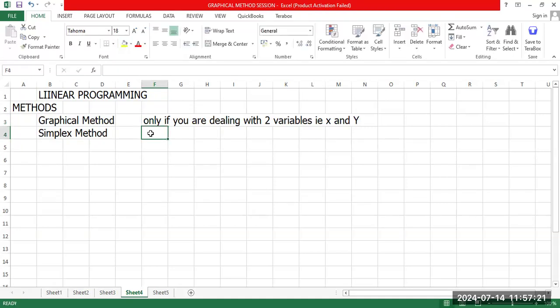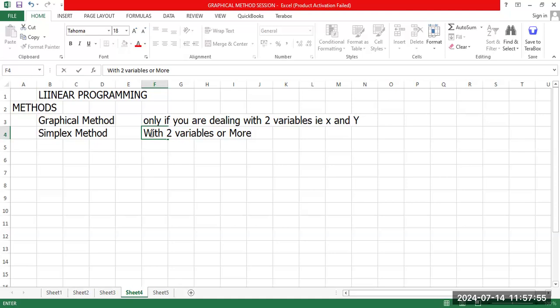So when are you supposed to use the simplex method? The simplex method can be applied anywhere, whether you are dealing with two variables or more. So where you're given a question and they have not specified the method to use, it's you to determine: am I going to use the graphical method or the simplex method?